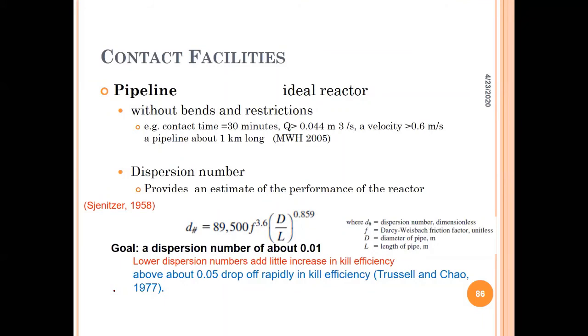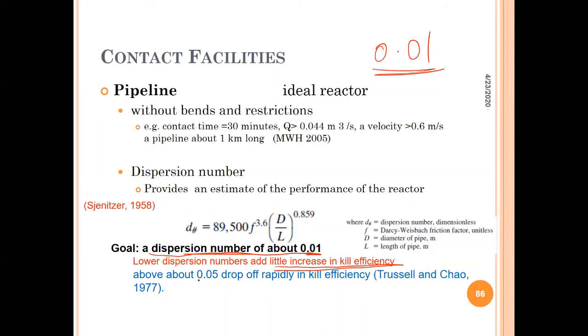Of this pipeline, of course. So the goal is to have a dispersion number of about 0.01. 0.01 is a good number to have good disinfection. A dispersion number lower than this doesn't increase any efficiency in disinfection.